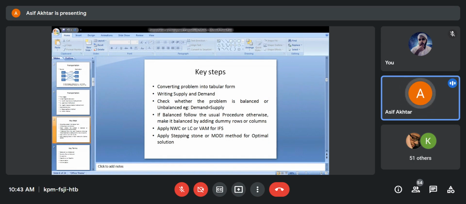Now the entire discussion revolves around the fact that you have to maintain a balance between demand and supply. आपको क्वेश्चन दिया जाएगा, उसमें आपको डिमांड एंड सप्लाई को बराबर करना है. So whenever the problem is given to you, first thing is that we have to check whether the demand and supply is equal or not. If the demand and supply is equal, the problem is known as a balanced problem.